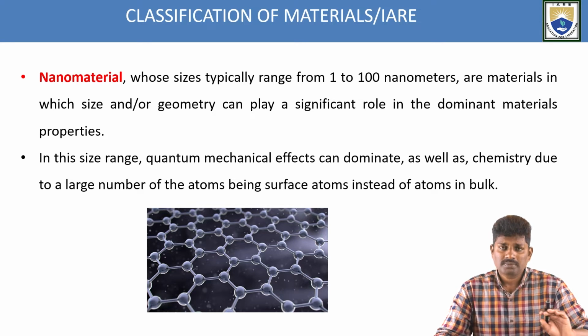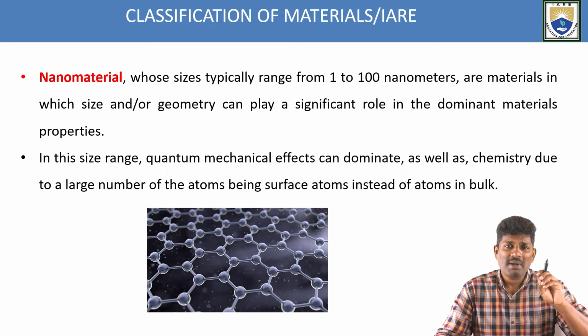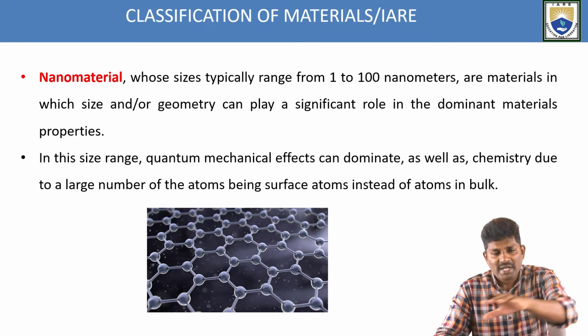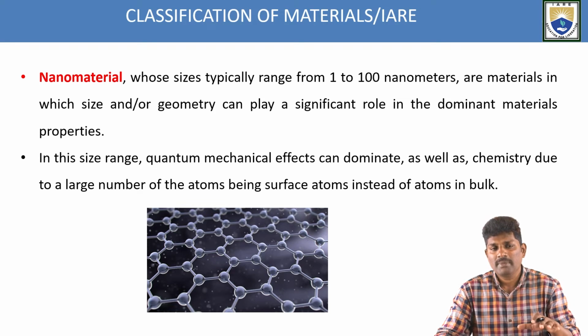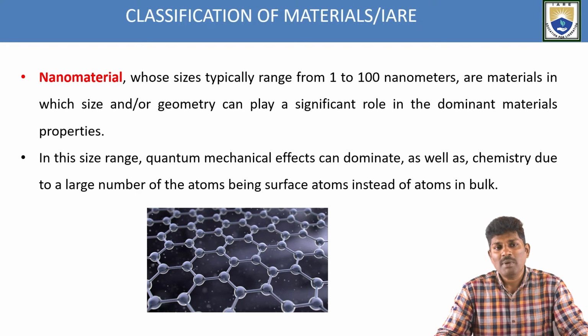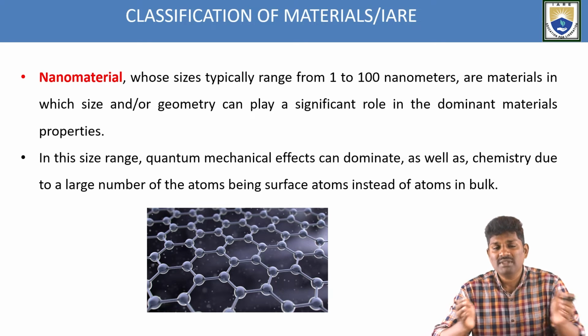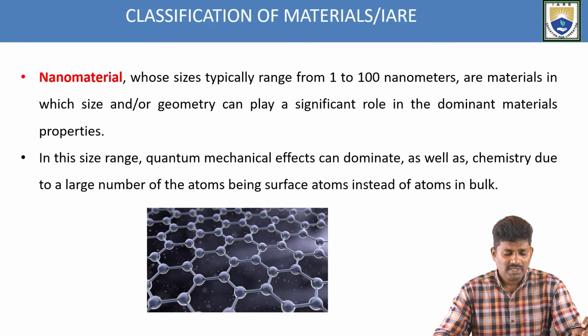So the size of the particle is very small, and since the particle size is very small, the spread of the nanoparticles over the area is very high. That means the properties of the nanoparticles are very high when you compare with the metallic elements. In this size range, the quantum mechanical effect can dominate, as well as the chemistry, due to the large number of atoms being surface atoms instead of atoms in a bulk.